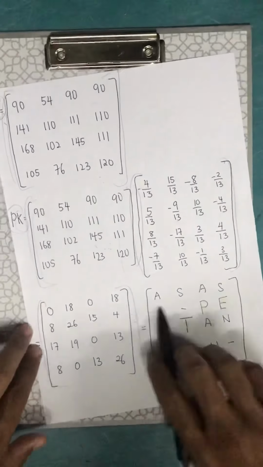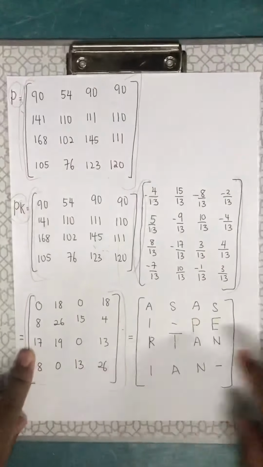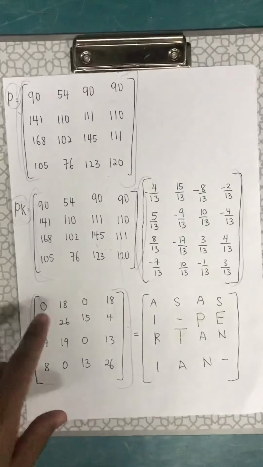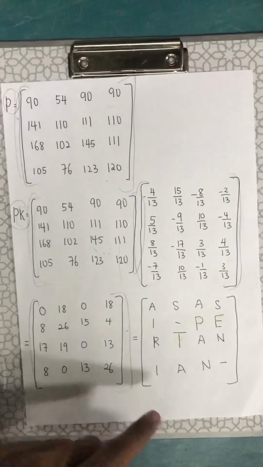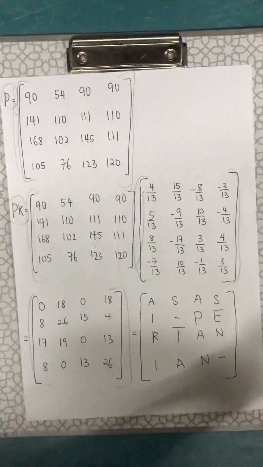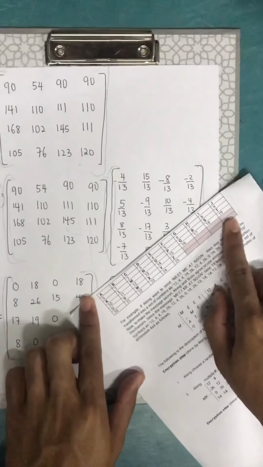Okay. After we got this new matrix, we have to compare the number with the code that had been given from Along. And the code is this. This is the code.